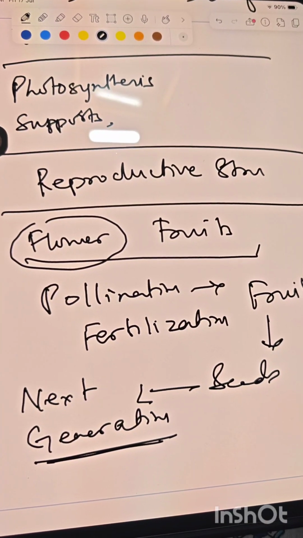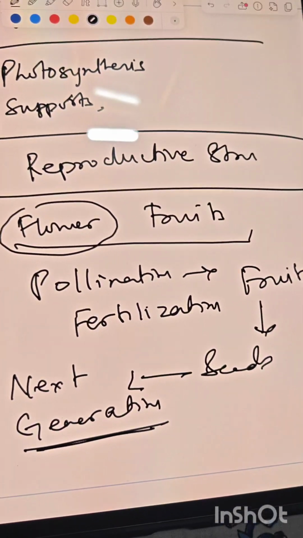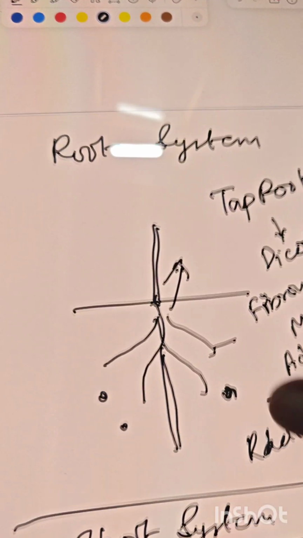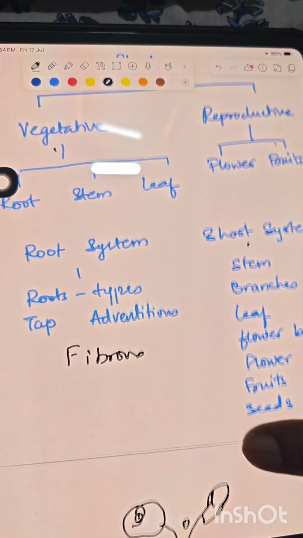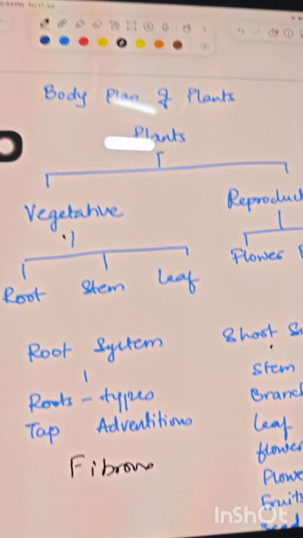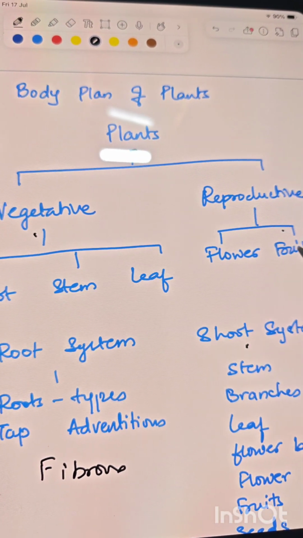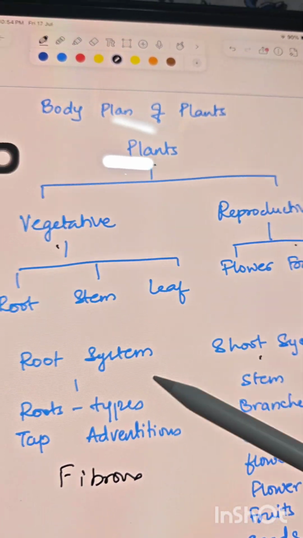In any plant organization, if the question is asked what is the basic body plan, you must say that the basic body plan of any plant includes vegetative and reproductive structure: root, stem, leaf, and in reproductive structure, flowers and fruit.